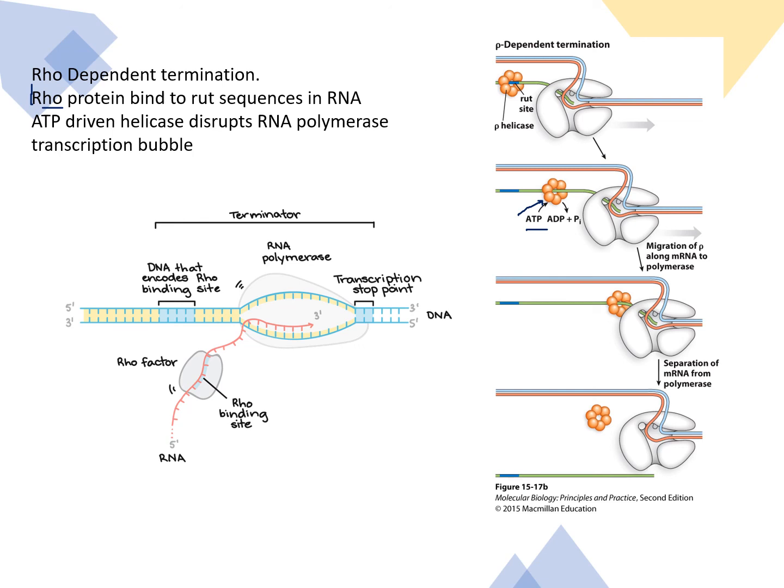And so that is, again, rho-dependent termination. So this requires the protein rho and requires a rut sequence. And again, in both cases of these termination events, the polymerase has actually gone past the signal that triggers the termination, which then feeds back on the polymerase and tells it to stop. One's mediated by a protein and one is not.